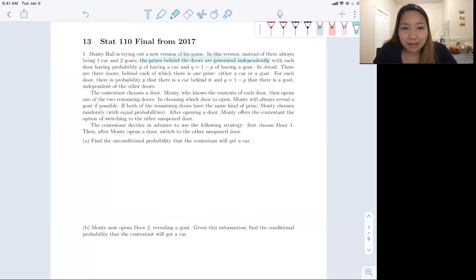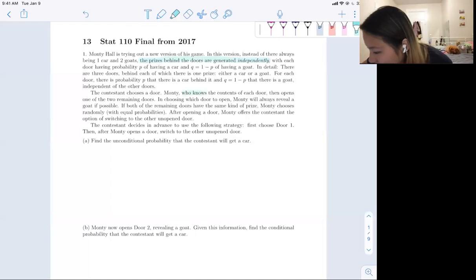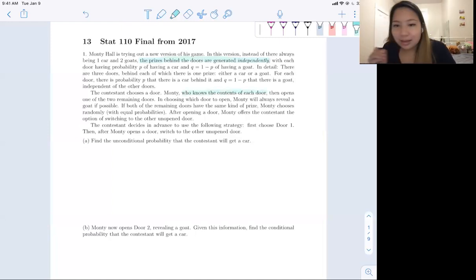The contestant chooses a door. Monty, who knows the contents of each door, opens one of the 2 remaining doors, and in choosing which door to open, Monty will always reveal a goat if possible. So if there's a car and a goat, he'll always choose a goat. If both of the remaining doors have the same kind of prize, Monty chooses randomly with equal probabilities.